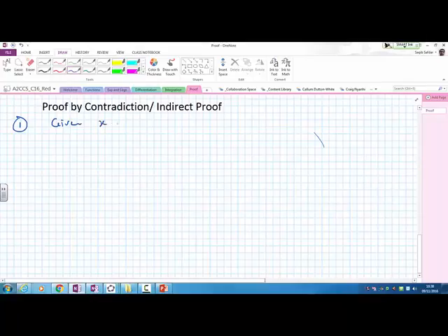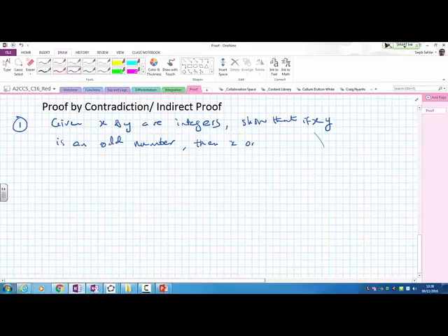Given x and y are positive integers, show that if xy is an odd number, then x and y have to both be odd. It's "and", not "or". So what we're basically saying is odd times odd gives you an odd. Show that if the product of two positive integers is odd, then x and y are also odd.